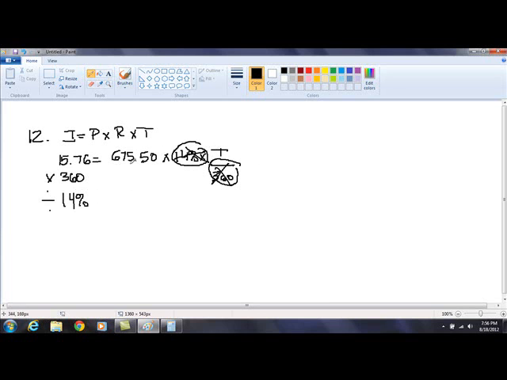And my $675.50 is currently being multiplied. So to bring it over, I will divide. My writing's getting worse, I believe. Okay. That leaves me with T on this side and an equation to solve for on this side.